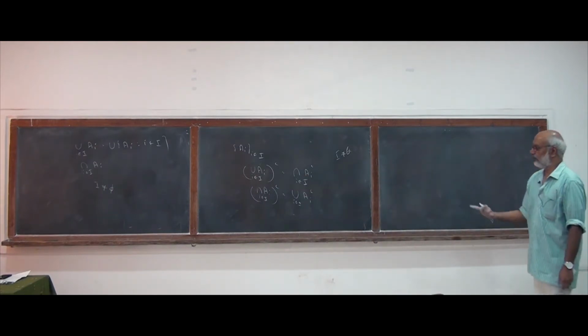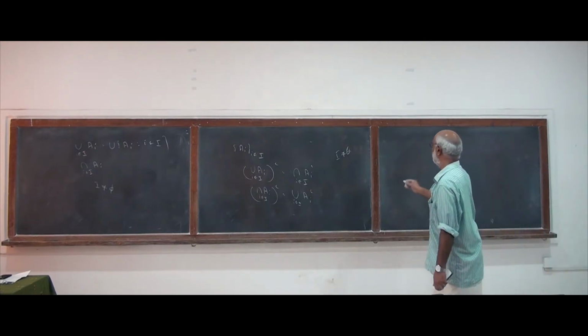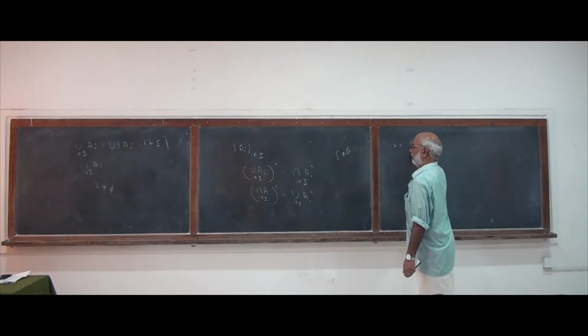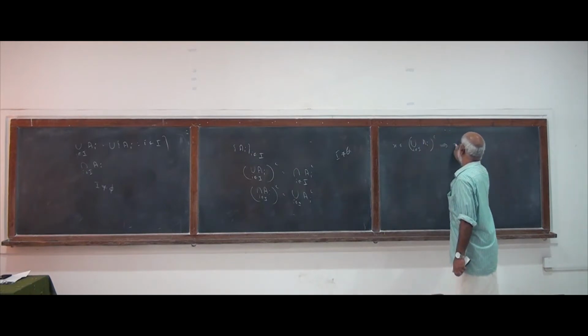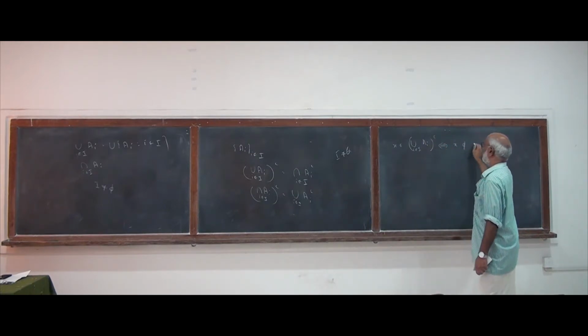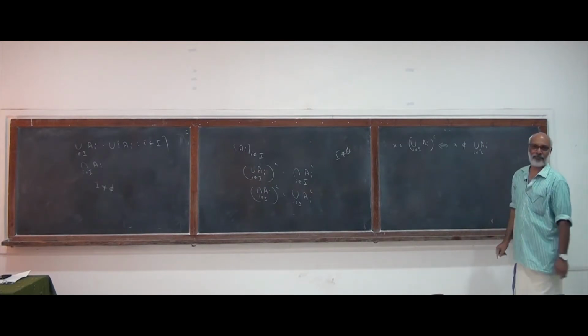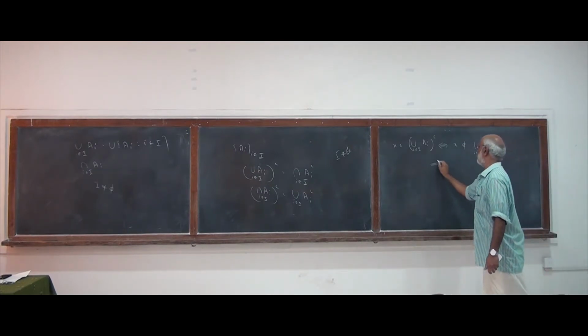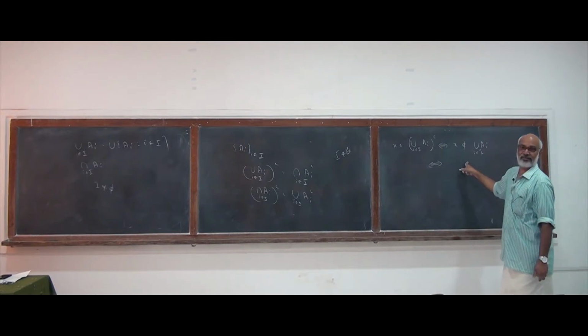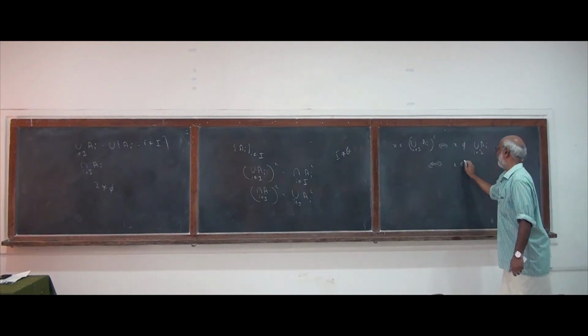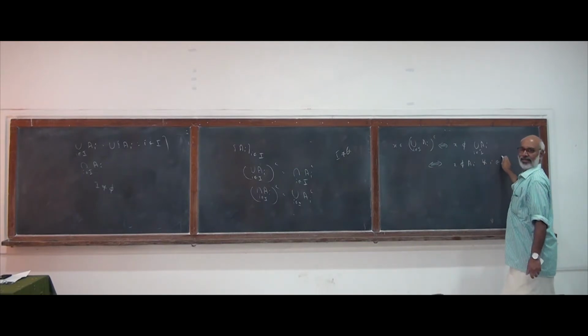And how to prove these things? The proof is easy. That is, x is an element of the complement of the union of A_i, i in I, if and only if x is not an element of the union. And x is not an element of the union means x is not an element of A_i for every i.